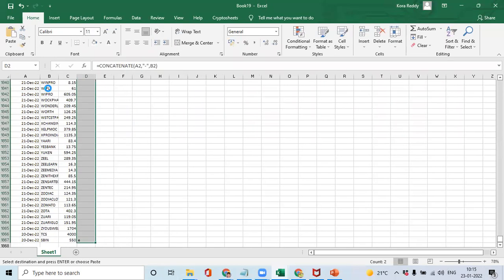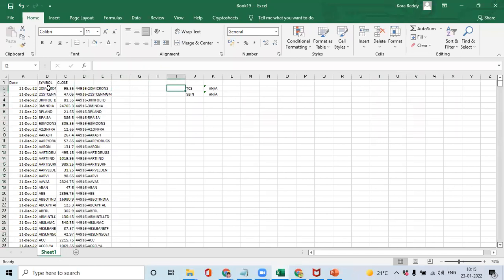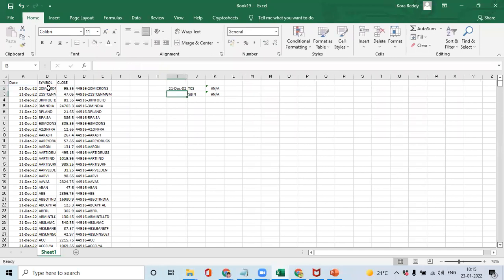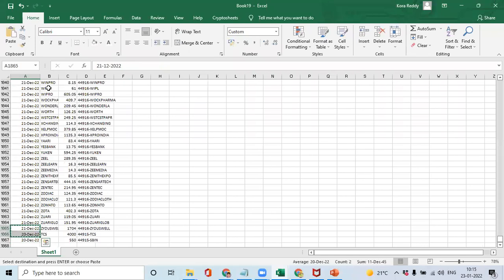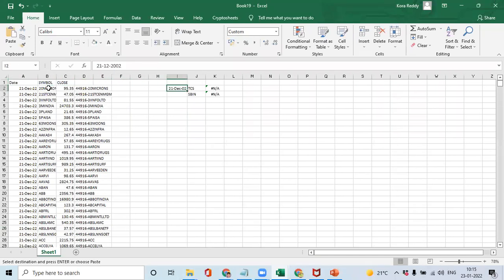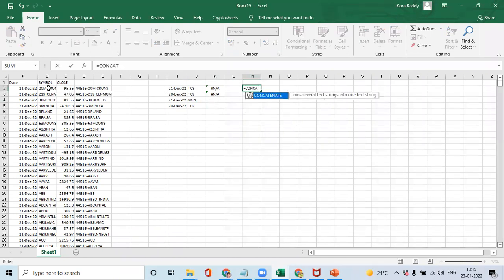That becomes some string. Now I want the same 21st December, what is the price of TCS and SBI, right? So I have to concatenate in the same order.